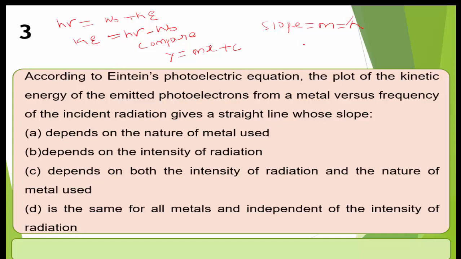The first option is depends on nature of metal used, second option is depends on intensity of radiation, third option is depends on both intensity of radiation and nature of metal used, and option D is it is same for all the metals and independent of intensity of radiation. Yes, this option is right.